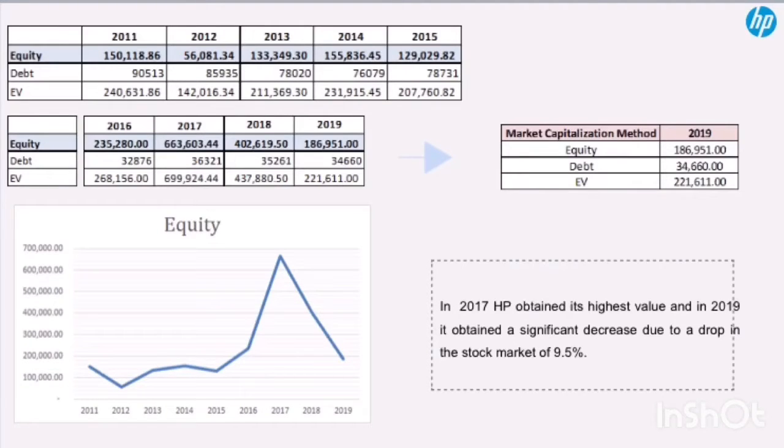In order to see the historical change of the market capitalization method, we have a graph below in which we have the variation, and we can see that in 2017 HP obtained its highest values, and in 2019 it obtained a significant decrease due to a drop in the stock market of 9.5%.